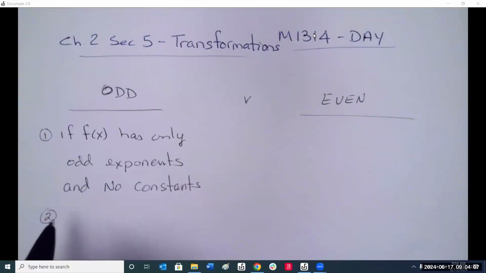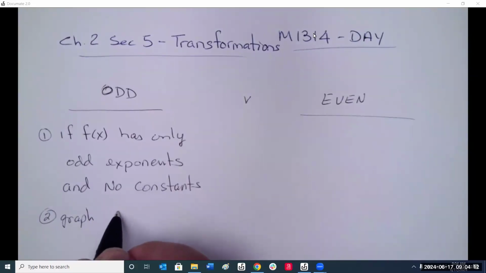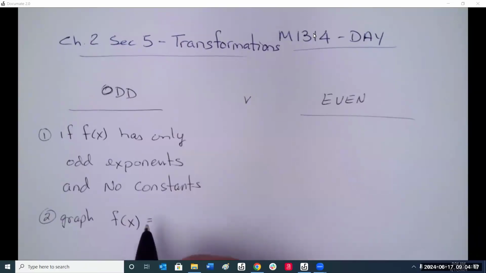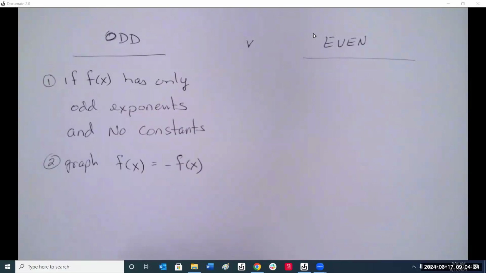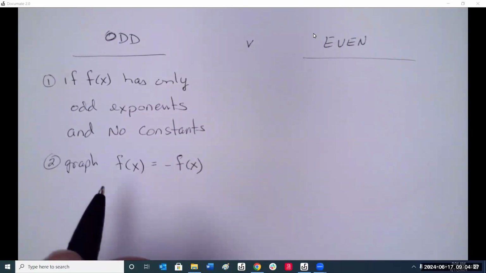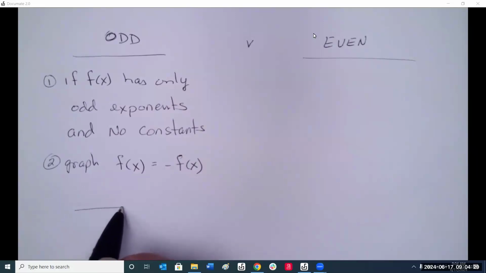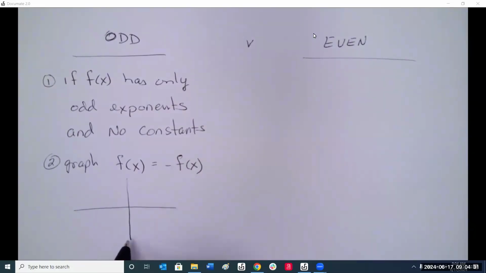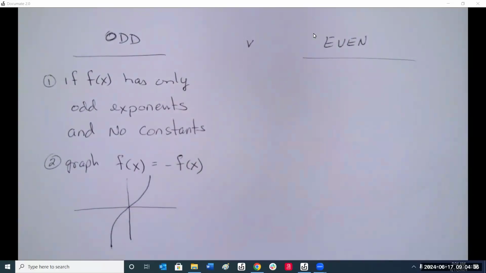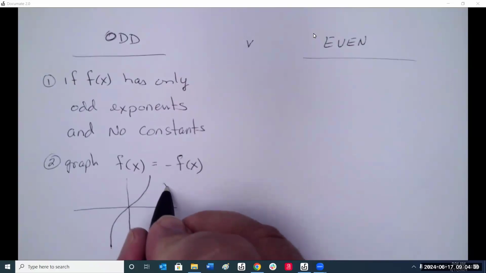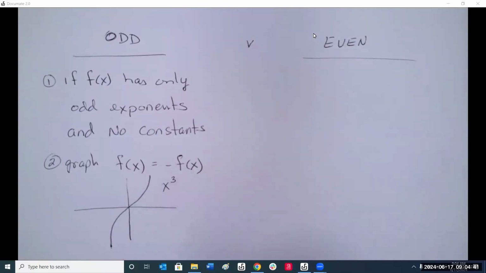If you have the graph, if it's odd, what this means is a function like this, which is x cubed.